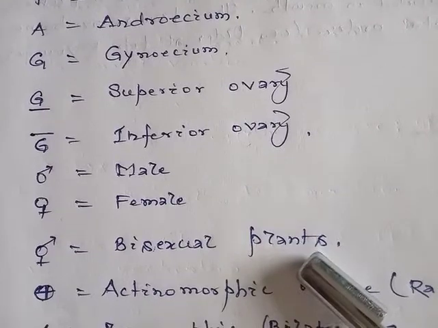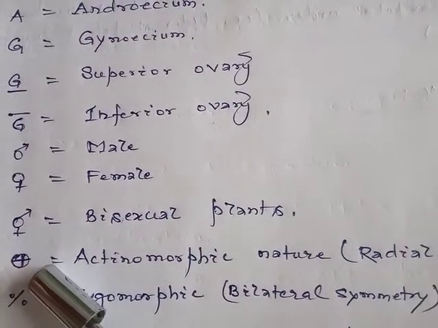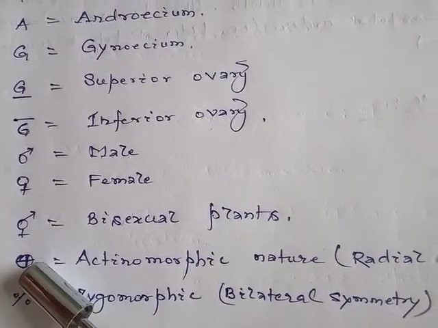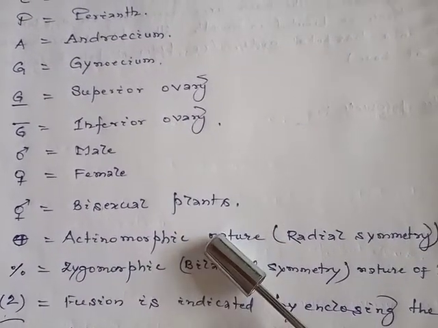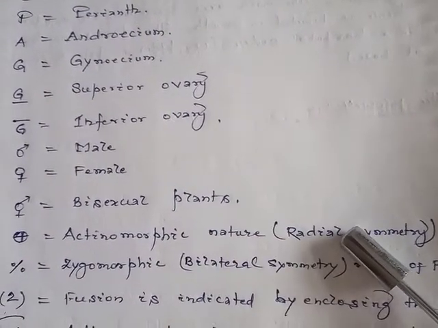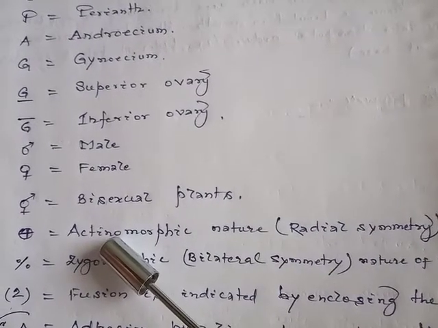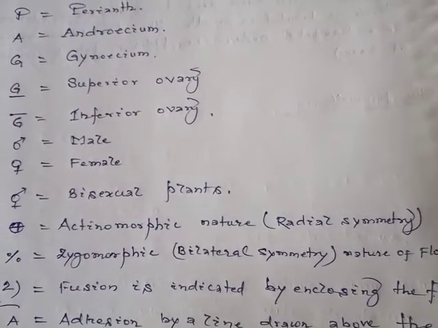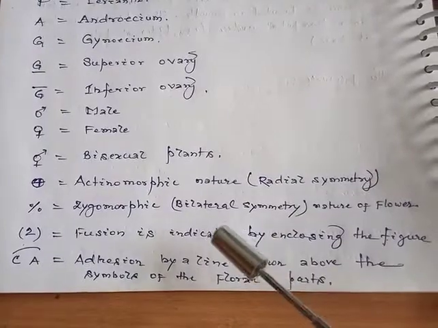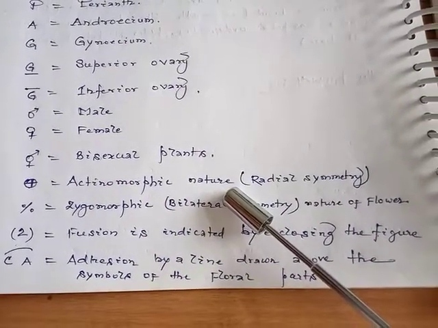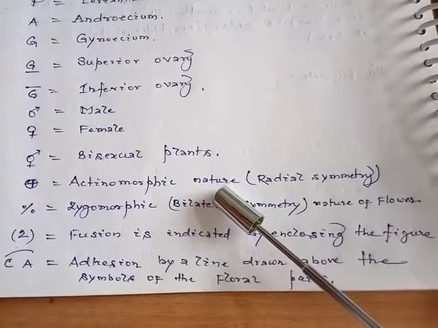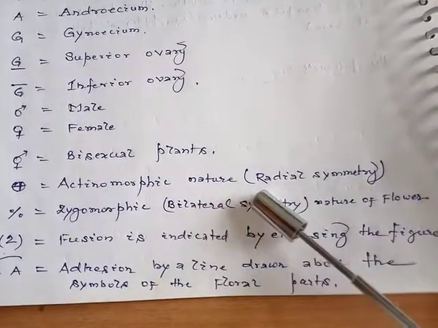The sign of a circle with a plus sign within it indicates the actinomorphic nature, meaning radial symmetry, meaning the flower can be divided into two equal halves in any radial plane passing through the center.